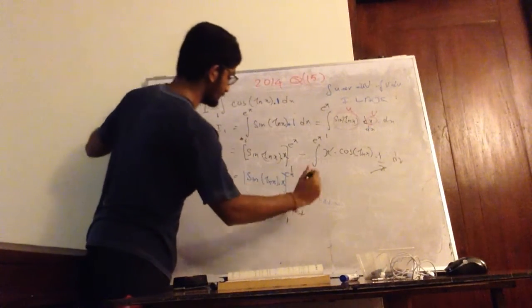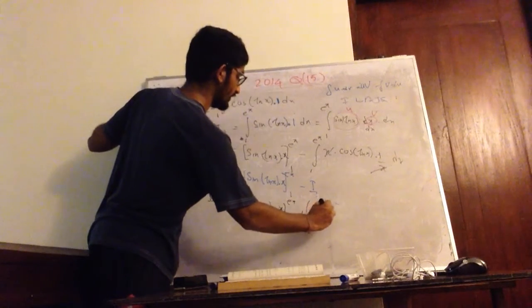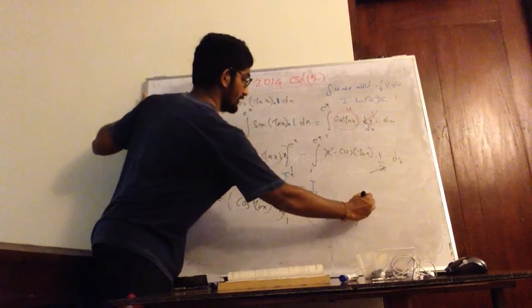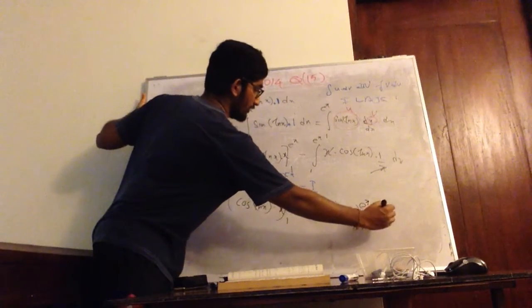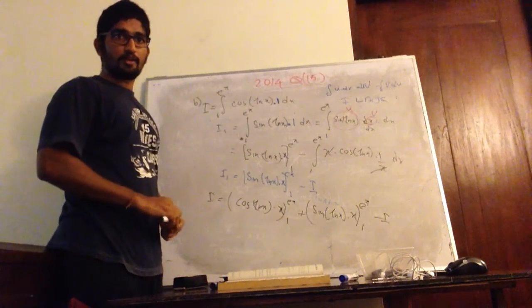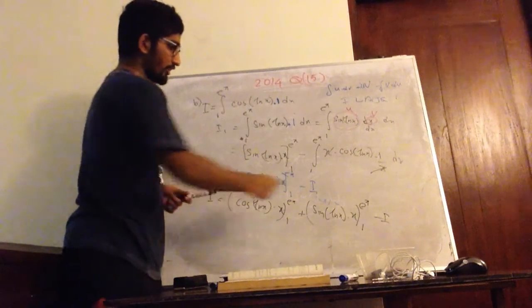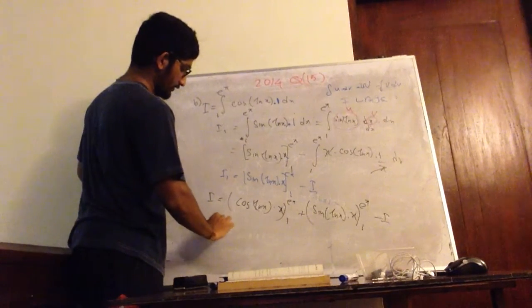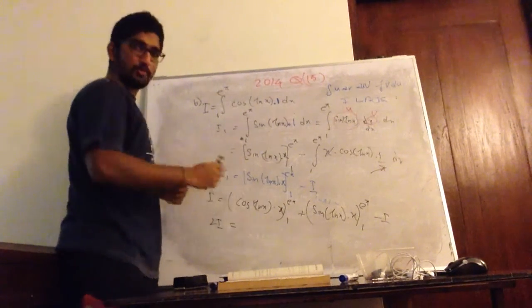So we can rewrite this part, sine ln x from e^π to 1 minus, right? So now you can get I here, 2I equals, so now you can put your limits.